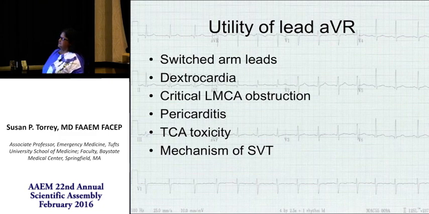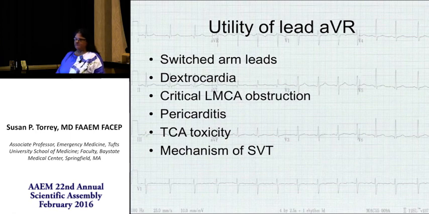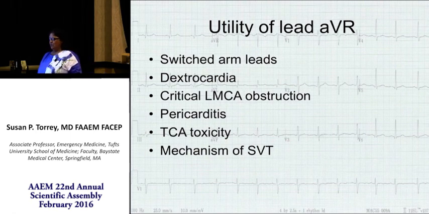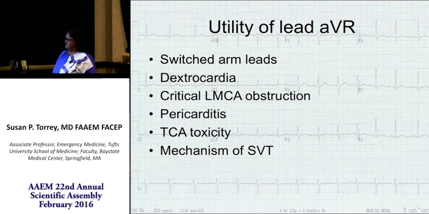These are the things that I think lead AVR can help us with. Switched arm leads, just setting it up wrong, dextrocardia, critical left main coronary occlusion and other ACS presentations, pericarditis, tricyclic antidepressant toxicity, and sometimes the mechanism of SVT.